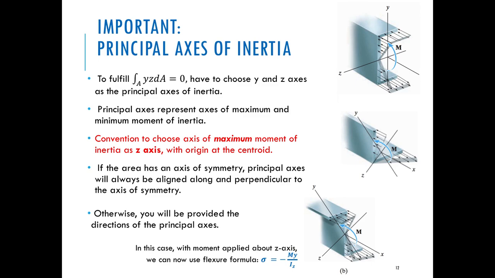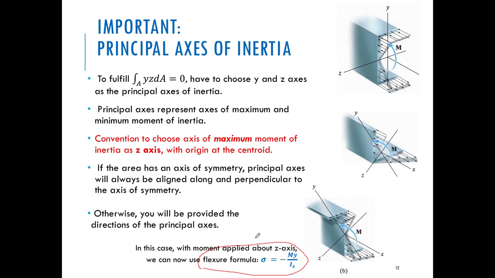If we do that, we can use our flexure formula directly for this beam bending problem, if we follow this series of steps, even for unsymmetrical shapes. Okay, so that was the discussion last time.